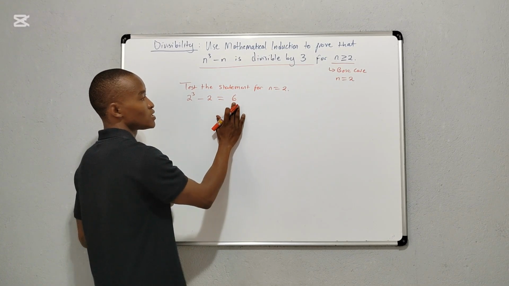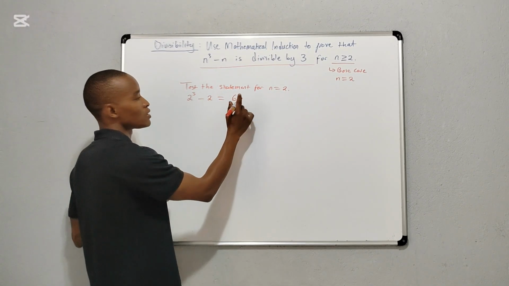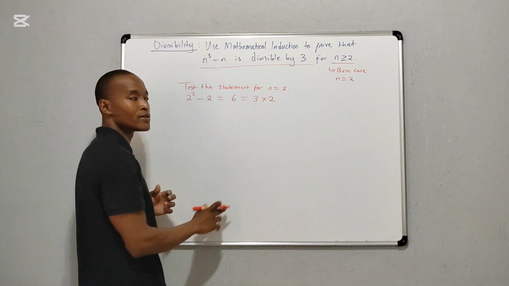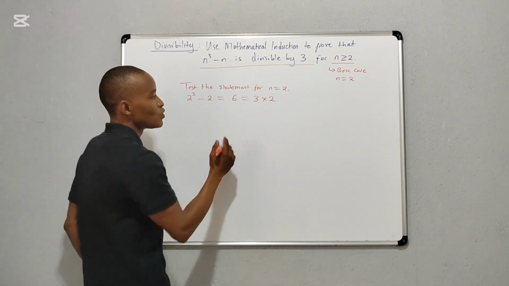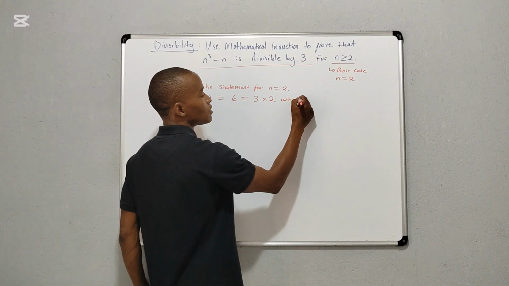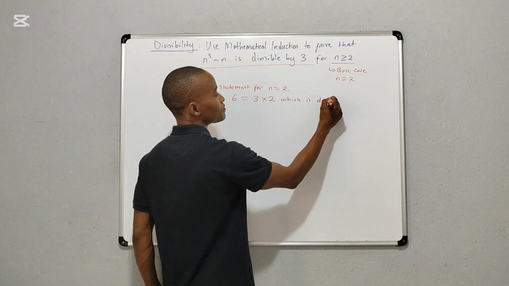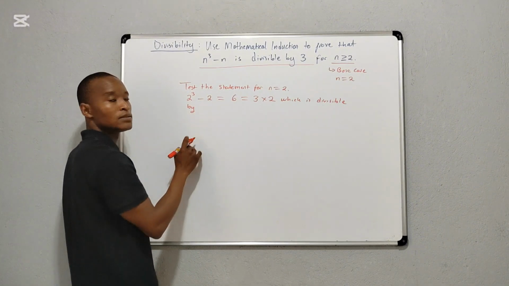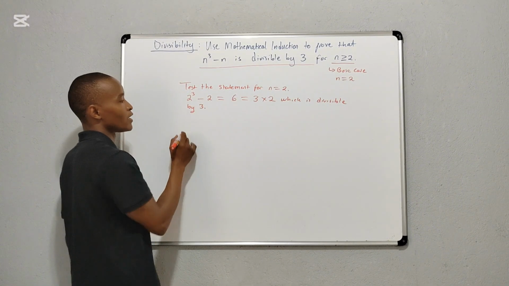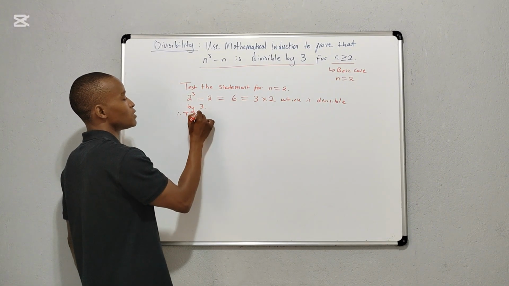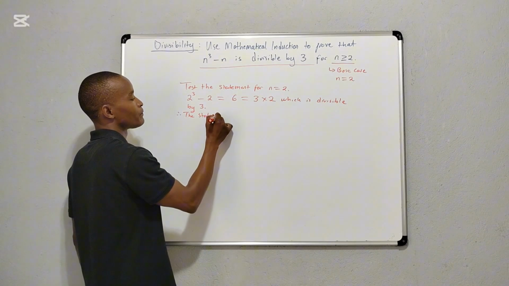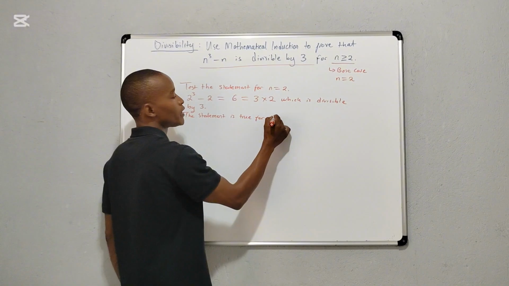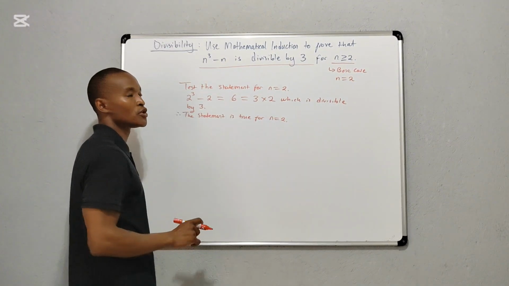And we can be explicit here, even though we know it's divisible by 3, we can say it's 3 times 2, just to bring out the 3 there, right? Which is divisible by 3. Okay, so therefore, the statement is true for n equal to 2.